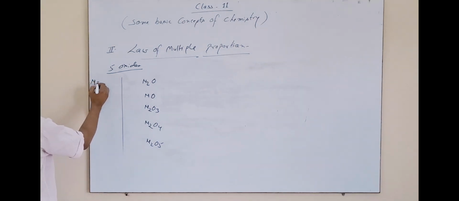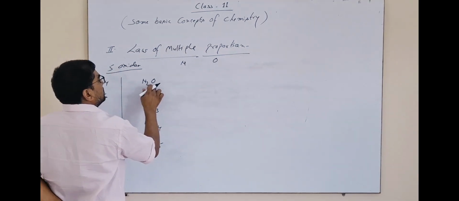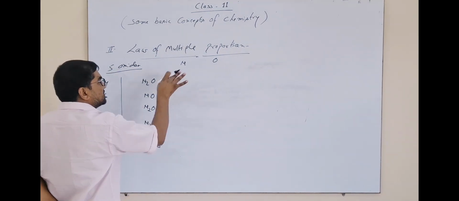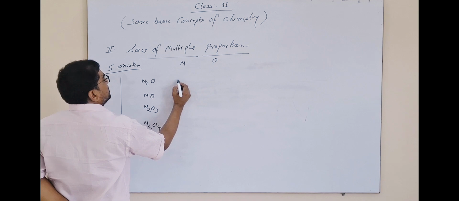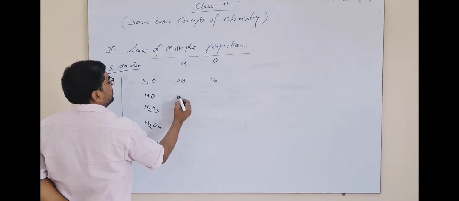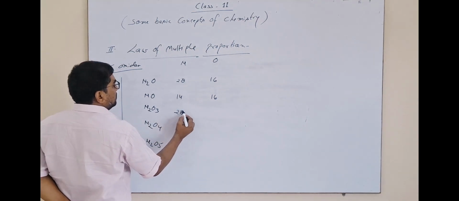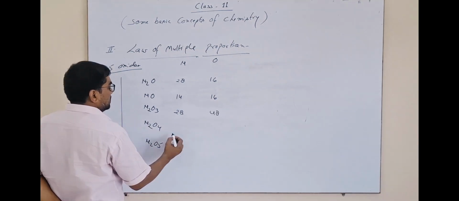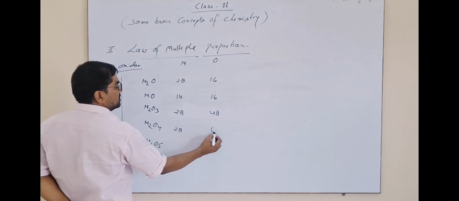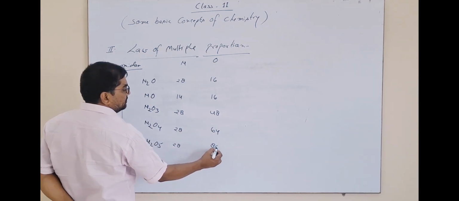We know nitrogen atomic mass 14 and oxygen 16. So nitrogen and oxygen by mass ratio separately: 2 nitrogen means 28, 1 oxygen 16, 1 nitrogen 14, oxygen 16. Here 28, it will be 48, this is 28, this is 64, this is 28 and this is 80.